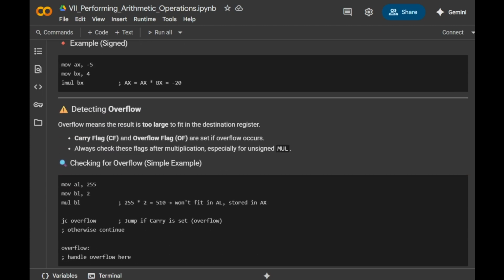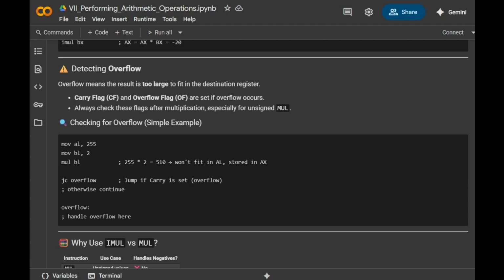A critical issue with multiplication is overflow, which happens when the result is too large to fit in the destination register. The carry flag, or CF, and the overflow flag, or OF, are set when an overflow occurs. You should always check these flags after multiplication. For example, if we multiply AL containing 255 by 2, the result is 510.